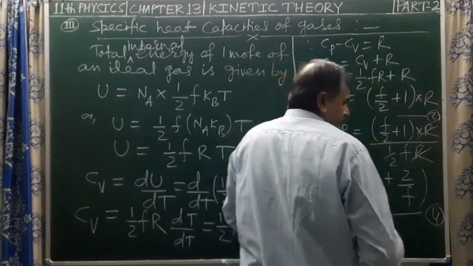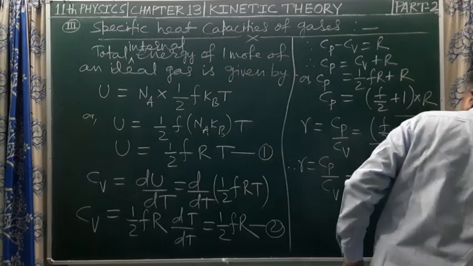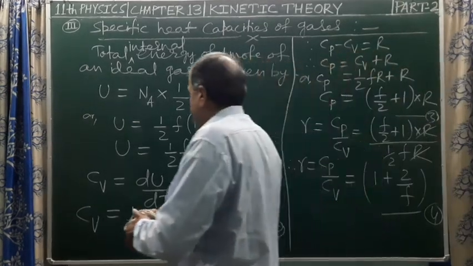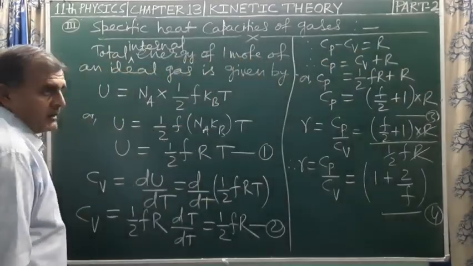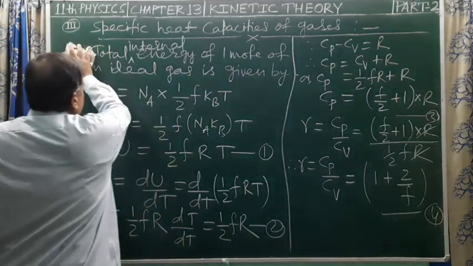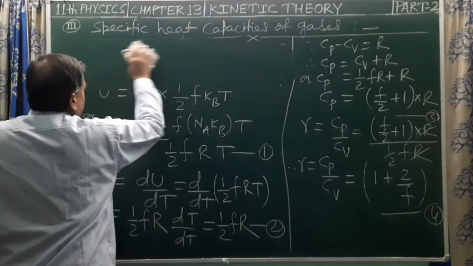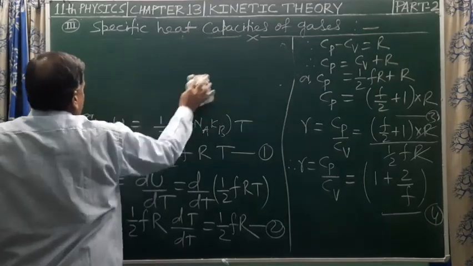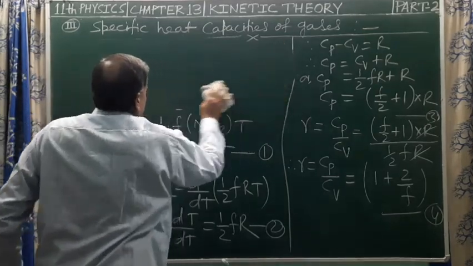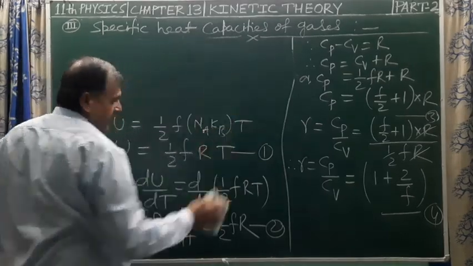For a monoatomic gas, the total degree of freedom, or number of independent coordinates, we have already discussed in this video in the first topic. For a monoatomic gas, the total degree of freedom is 3.